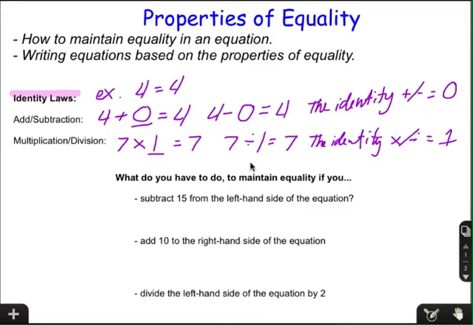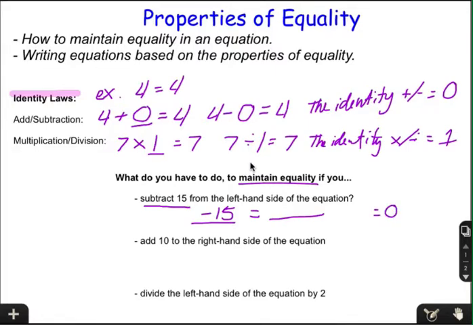So, what do I have to do to maintain equality or maintain my identity if I subtract something from the left-hand side of the equation? Okay, so I have an equation here. Here's my left-hand side, here's my right-hand side. I subtract 15. In order to equal out that equation, in order to maintain my identity, well, my identity for addition and subtraction is 0.